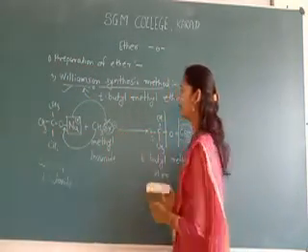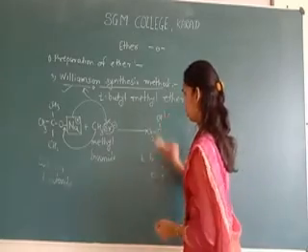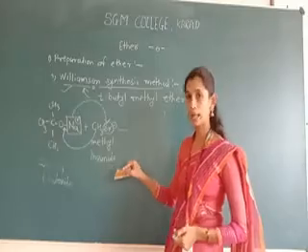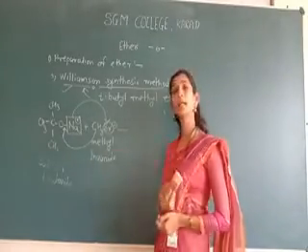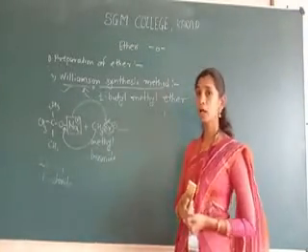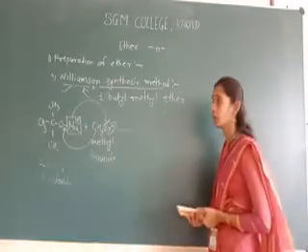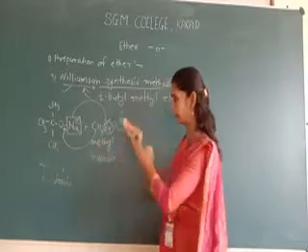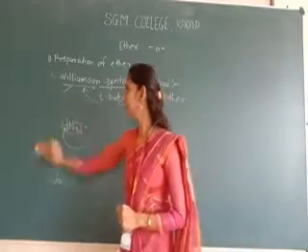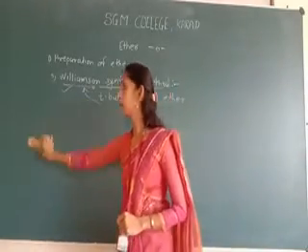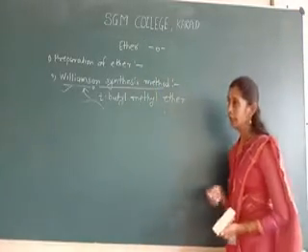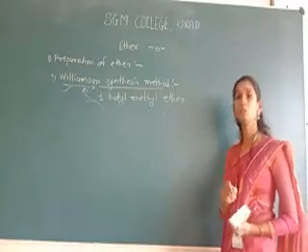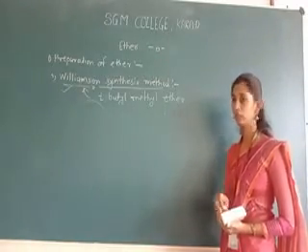Now it's a primary. We are taking the primary halides. If we are taking the secondary as well as the tertiary alkyl halides, if they react with our sodium alkoxide, then it produces not the ether, it again gives our alkene.